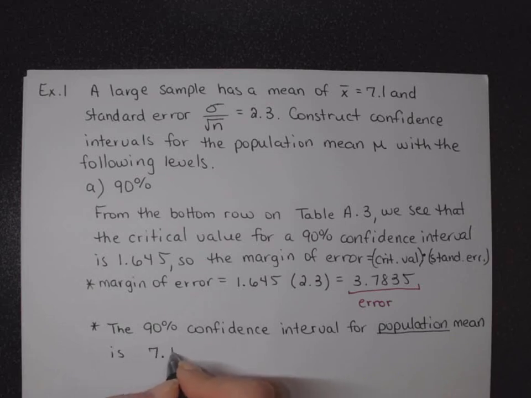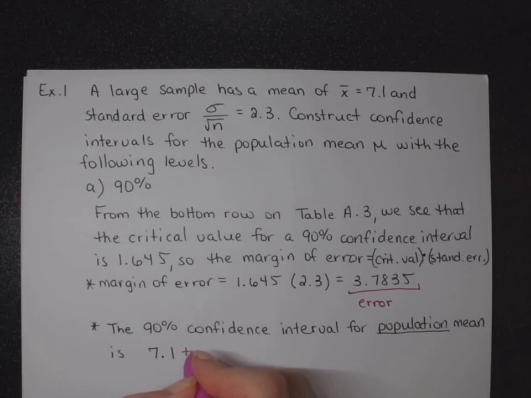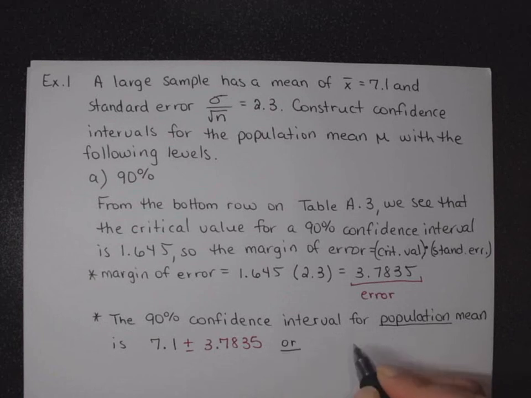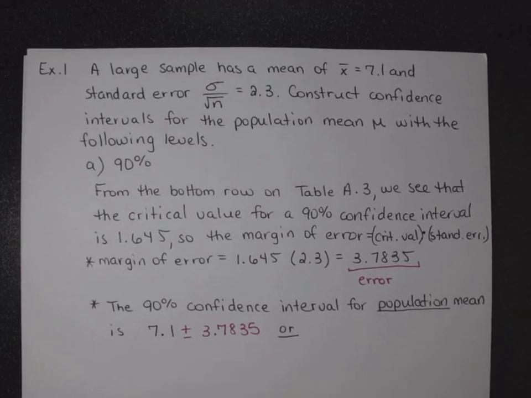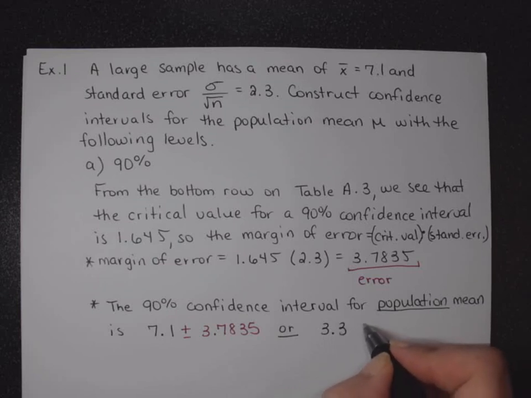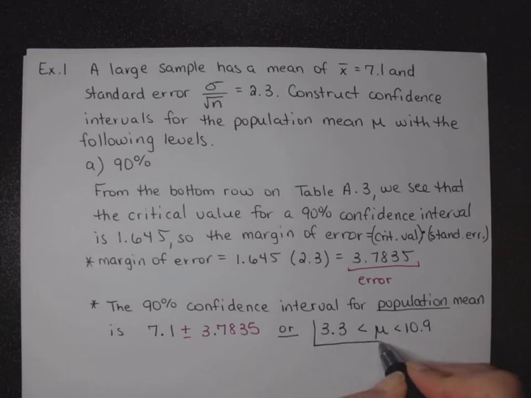Notice we got 7.1 in the sample, and then it's going to be plus or minus this error. In other words, it's going to be on one side or the other of that error amount, okay? Or if you actually use your calculator and figure that out, it's going to be somewhere between about 3.3, remember, mu is the population mean, and 10.9. Okay, so I'm going to circle this. This is normally how you'll write your answer.